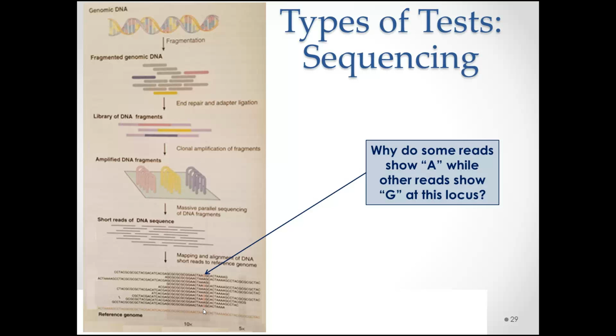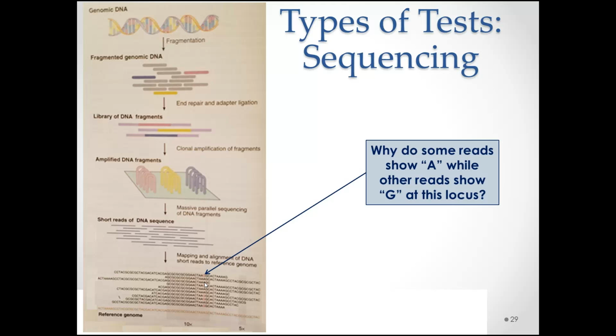So keep in mind that the DNA you're analyzing from the patient is the DNA from 2 chromosomes, right? You got chromosome 7 from mom, and you got chromosome 7 from dad. And what you're seeing here is this particular patient is heterozygote at this particular spot, because half of the reads are showing a G at this spot, and half of the reads are showing an A at this spot.